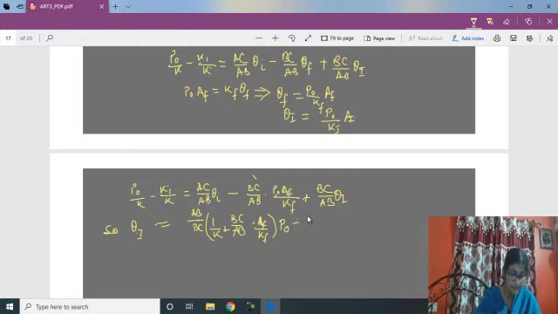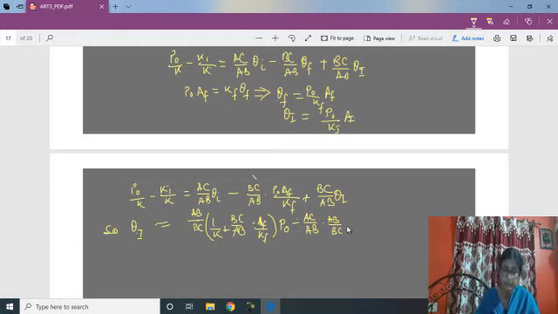the theta I term, that is AC by AB. Just cross check the terms. AC by AB into AB by BC. This term AB by BC comes from multiplying by AB by BC on both sides.